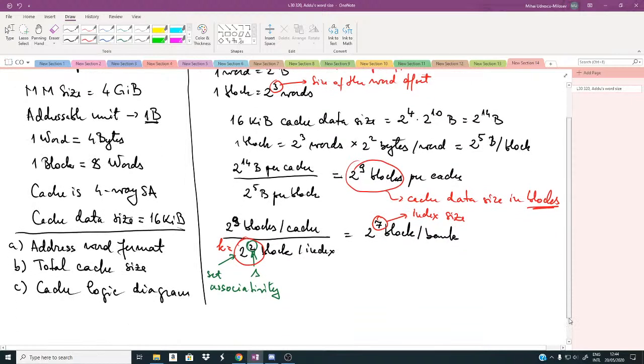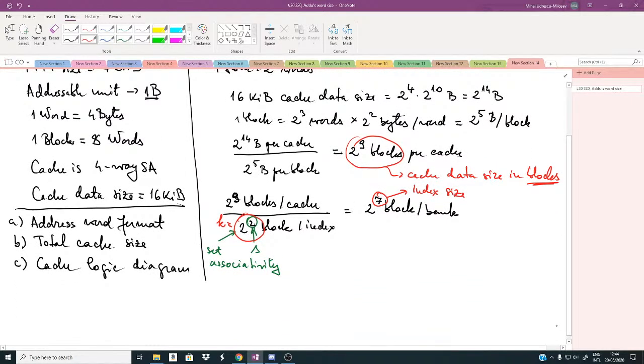Okay. So right now I have the answer. Why? Because the tag obviously is what remains. So the address word will look like this. I have bits from 0 to 31.